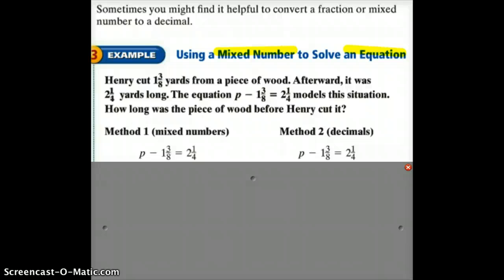The equation p minus 1 3/8 equals 2 1/4 models this situation. How long was the piece of wood before Henry cut it? Basically, we need to solve for p. We can do it two ways. One, we could make the mixed numbers into improper fractions, or method 2, we could make the mixed numbers decimals. I'm going to show you both.